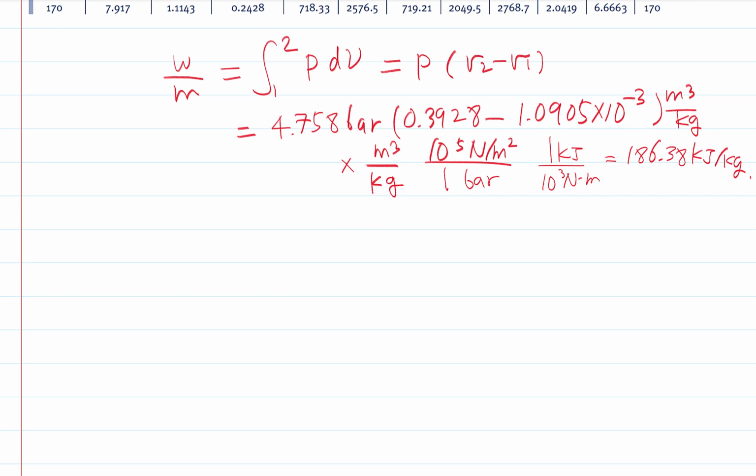And there are two ways to calculate the heat transfer to the system. First, we apply the energy balance to the closed system. So Q minus W equals the internal energy change. Divide the equations by mass.